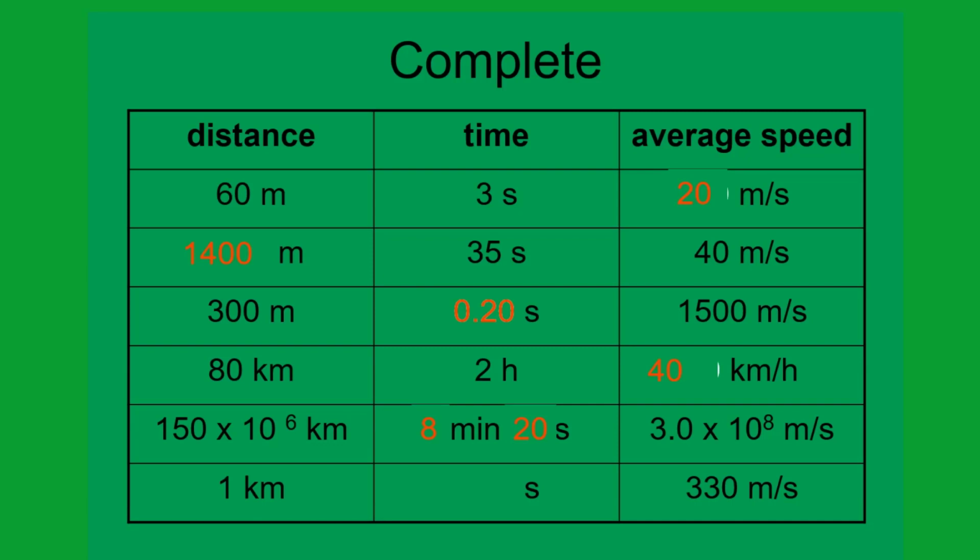So 1 kilometer equals 1000 meters. So time taken equals distance 1000 divided by 330 meters per second. So we can calculate time, 3.03 seconds.